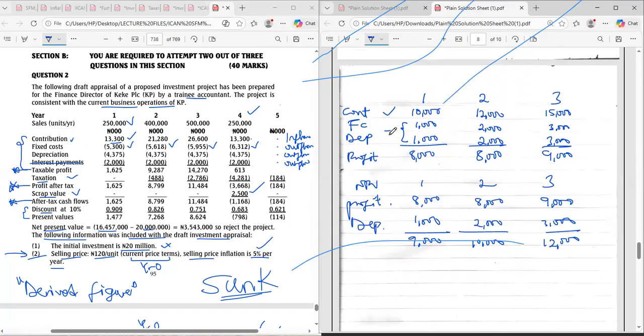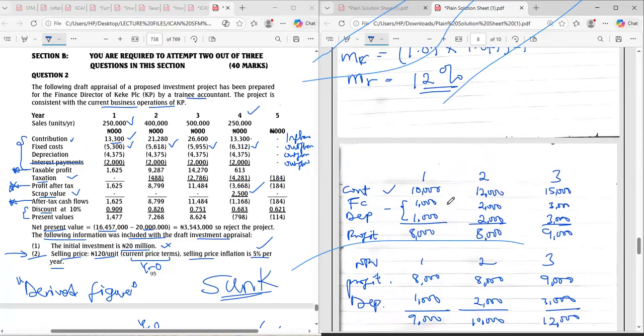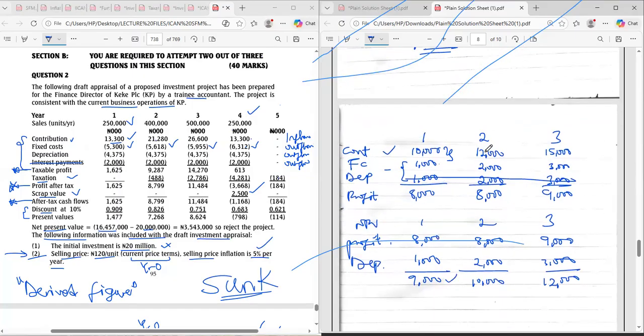Is it not the same thing as when I look at these two and remove this one? 10 minus 1, 12 minus 2, 15 minus 3. What are we talking about, ladies and gentlemen? Skills. So don't just say we're supposed to add back depreciation. It depends on where you are coming from. But just understand that we don't need depreciation.